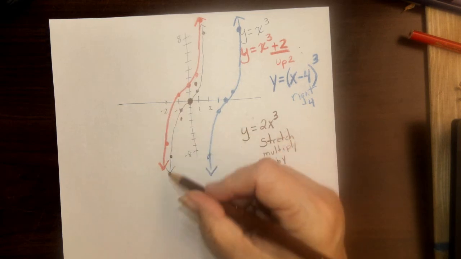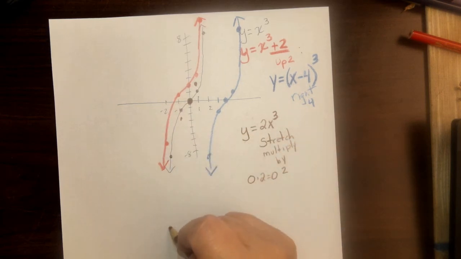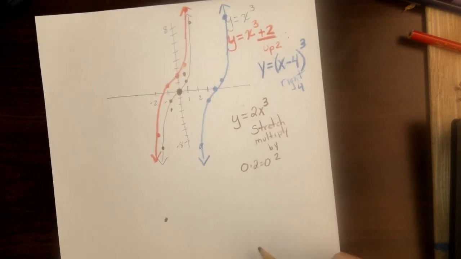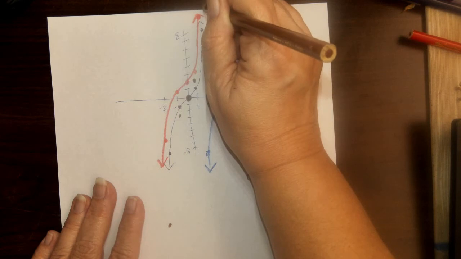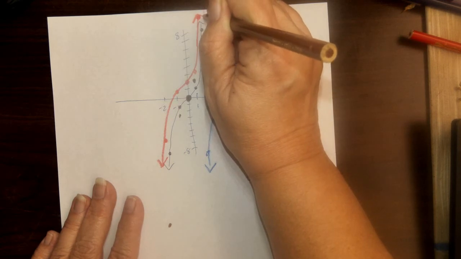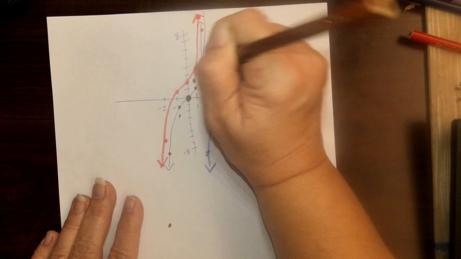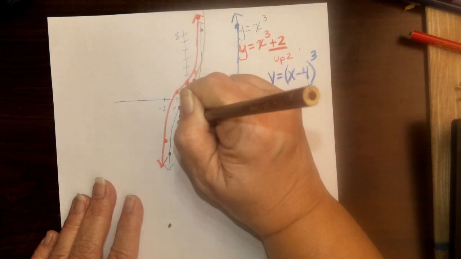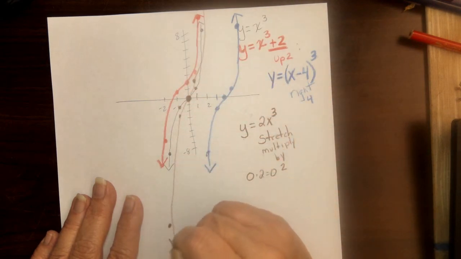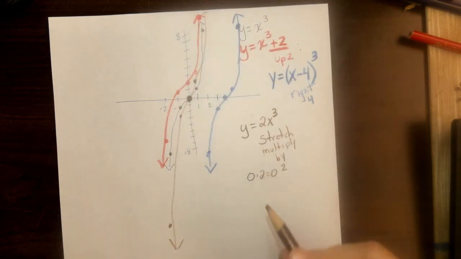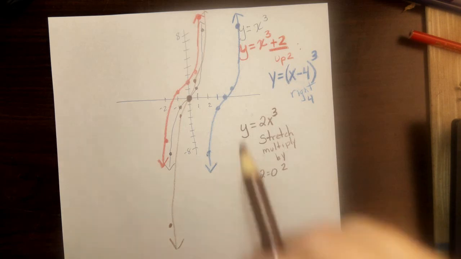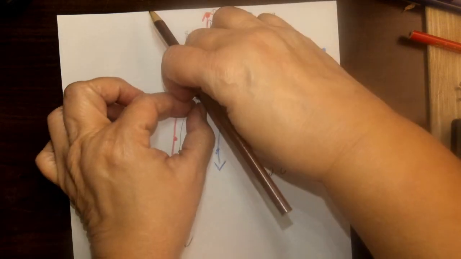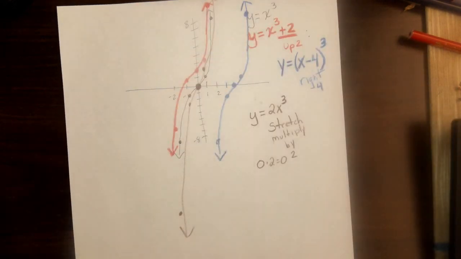So this one would go all the way down here to negative 16. So this goes like this, way off my paper, I can't even see it. And then it comes like this. So it got stretched. It's like you pulled it like this, stretched it.